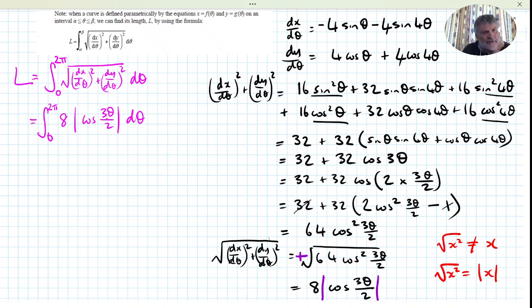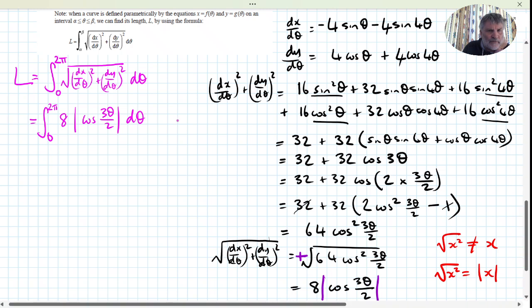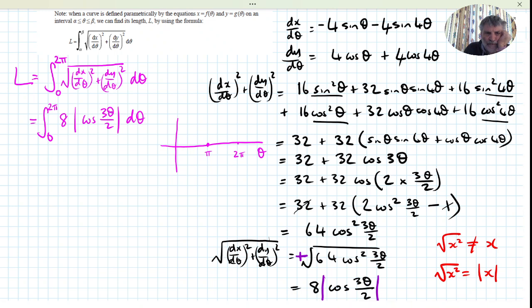Now this cosine graph's periodic and it's got a lot of symmetry to it. So we're going from, let's do 3 of these for pi and 2 pi. Theta's coming out to here. When theta is 2 pi, we get the cosine, the 2's are going to cancel, it's going to be the cosine of 3 pi. So the cosine of 3 pi is back here.